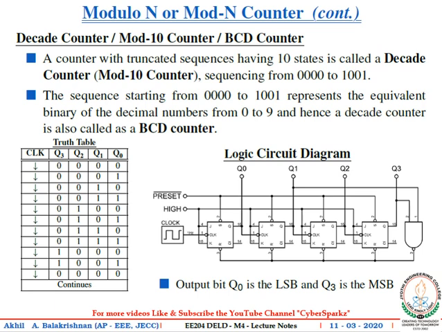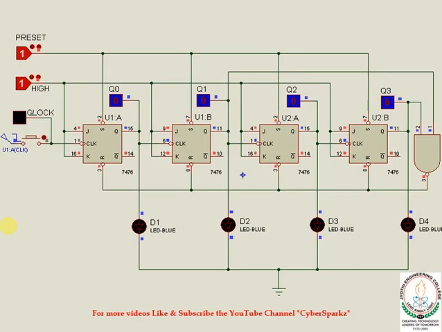Now let's have a simulation of the decade counter circuit. You can see a similar circuit diagram as shown in the previous slide. Now on application of repeated clock pulses, the counter changes its states one by one.